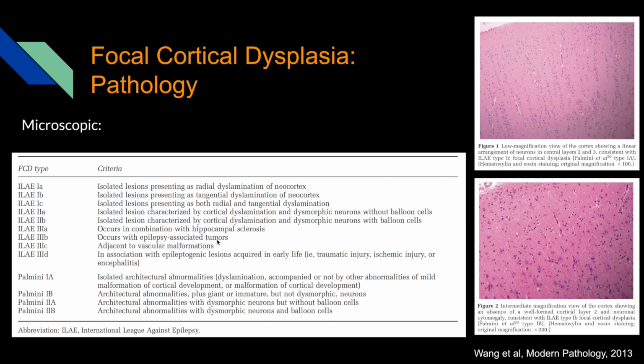So that would be type 3B. Vascular malformation such as a Sturge-Weber would be a type 3C, for example, or cavernoma. And then type 3D is when there's some traumatic ischemic event during early childhood that's associated with these patterns.